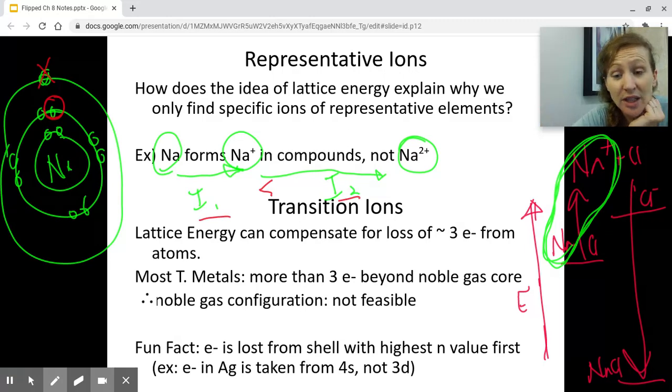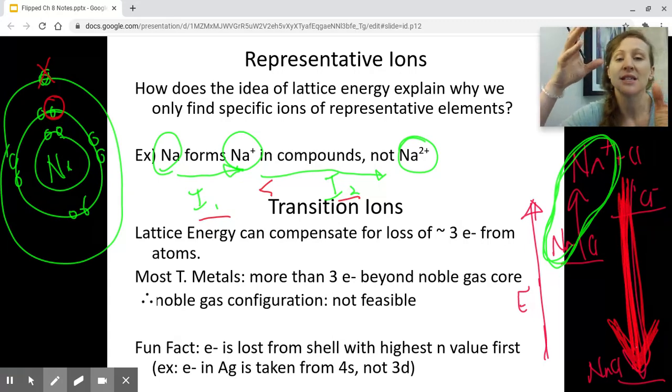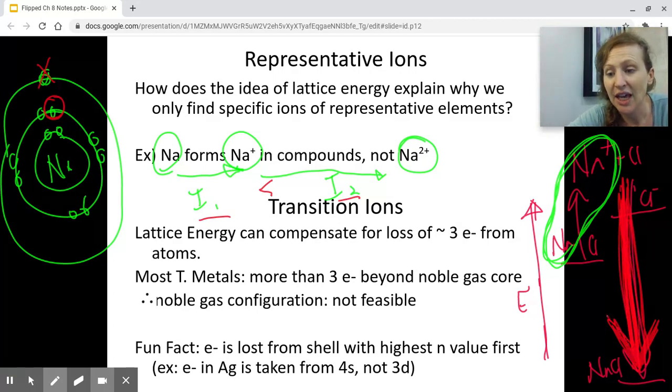That really big jump would have to be compensated by the lattice energy that we get out from taking these ions and forming them into an ionic compound. If this lattice energy can't compensate for the huge jump in ionization energy between sodium plus and sodium 2 plus, then the sodium 2 plus ion is never going to form.